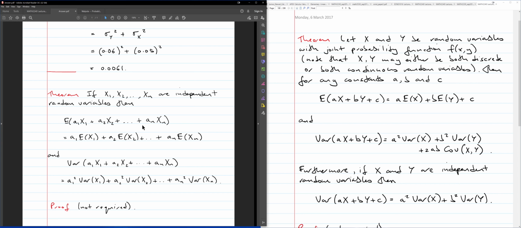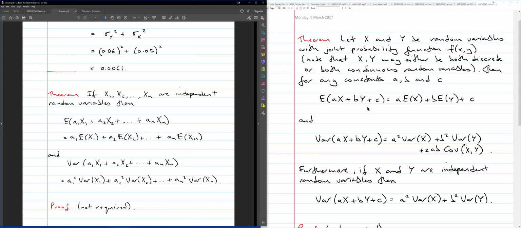So likewise over here, I have x1 multiplied by a constant called a1, x2 multiplied by a constant called a2, and so on up to xn multiplied by a constant an. And then I'm adding these. So this is a linear combination of the random variables x1, x2 up to xn.